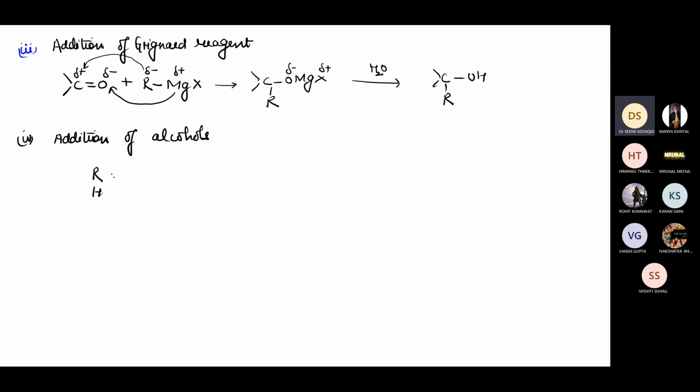The HCl gas is going to come, so R, H, C, O, and this is now when we are having this condition, over here you are having it as a acetal.